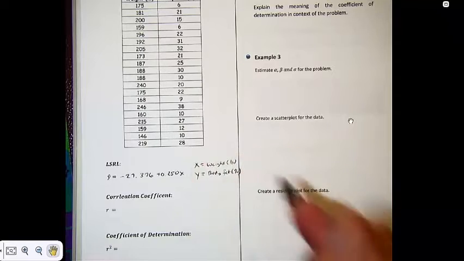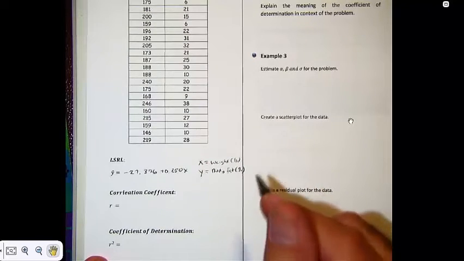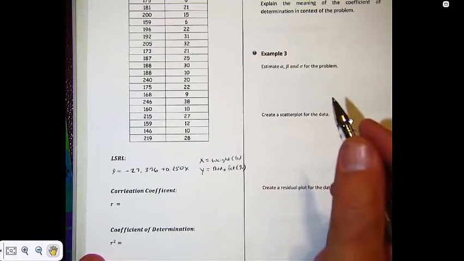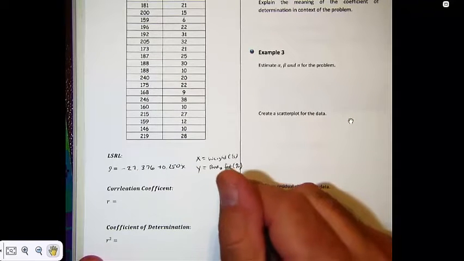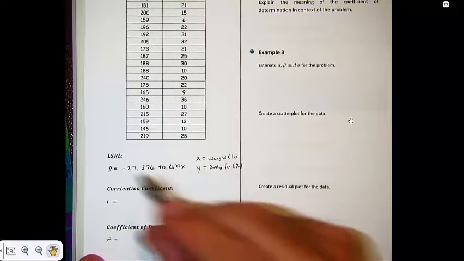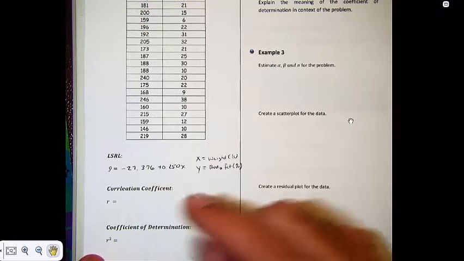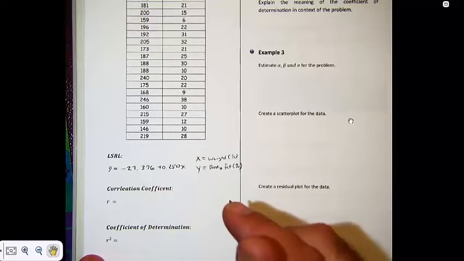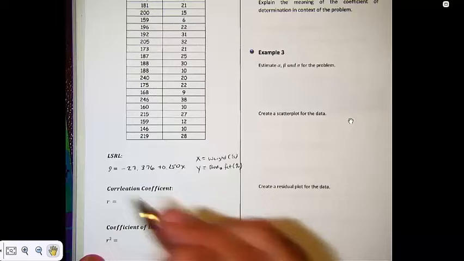Or we could write the least squares regression line using our variables here, where we say body fat hat is equal to negative 27.376 plus 0.250 times weight. So sometimes you can write these descriptively as well.